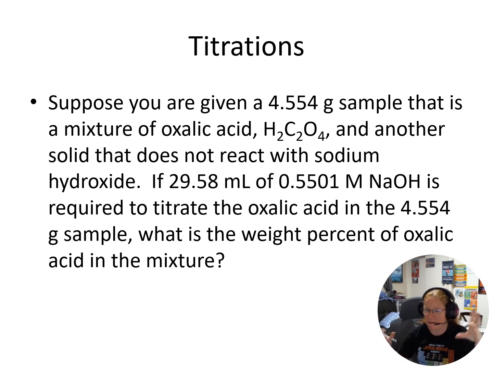If we write a balanced equation, can we figure out how many moles of sodium hydroxide it took to neutralize it, and then how many moles of oxalic acid that translates to? Absolutely. And if we figure out how many moles of oxalic acid we have, can we figure out grams? Yes, we can. So we need to get grams of oxalic acid so that we can then do grams of oxalic acid over grams of sample to give us our mass percent.